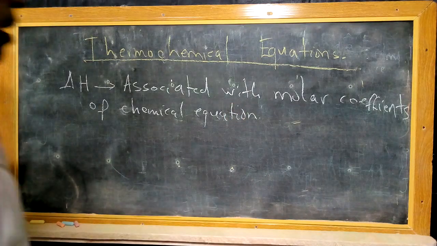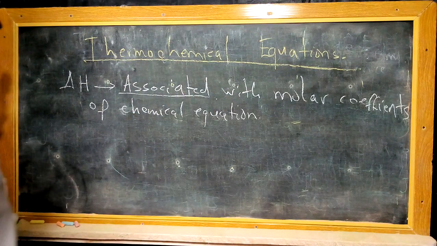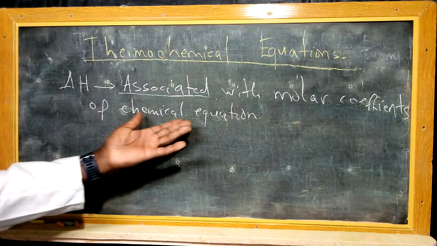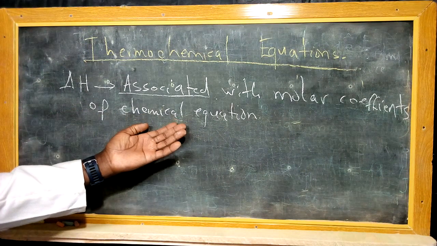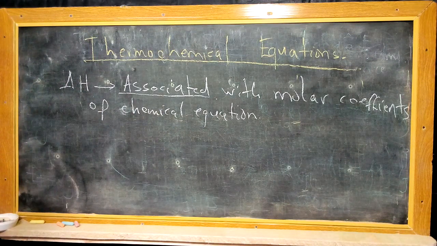Now we are going to look at this specific relationship, the association between heat of reaction and the molar coefficients, and see, if there is a change in molar coefficients, what effect it will have on the heat of reaction.